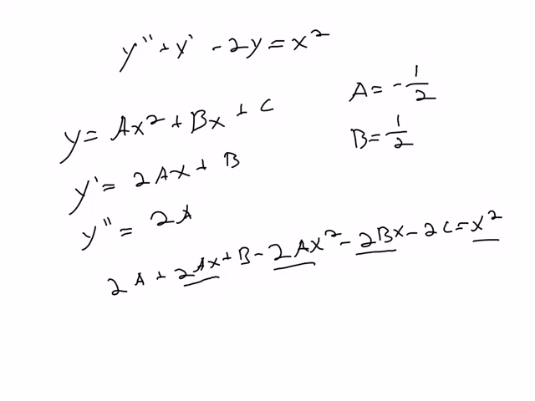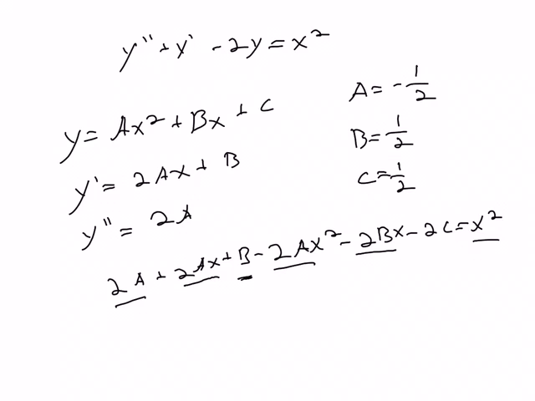So if b is equal to a half, I have a half over here, and I have negative 1 over here. So I have negative 1 plus a half, so I still have a half. So c would have to be a half too.